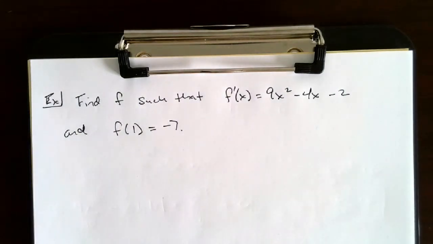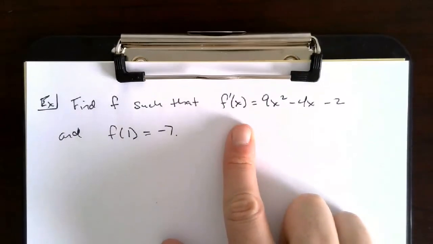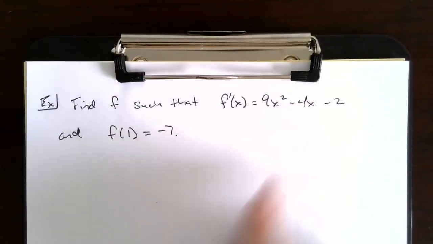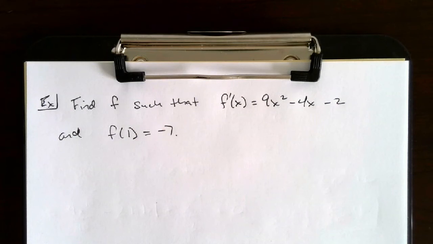So they're telling you the derivative of the function f, the 9x squared minus 4x minus 2, and they're also saying that f of 1, the original function, when the x value is 1, the y value should be negative 7.